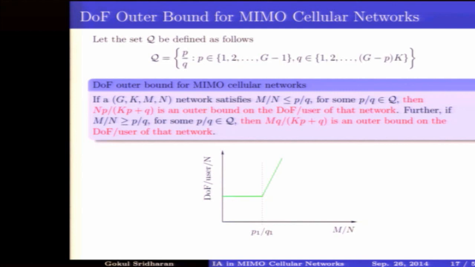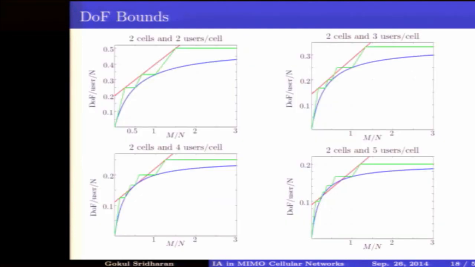We have these bounds for different ratios. They are a finite number. If I take all these bounds and plot them, I can already figure out what the optimal degrees of freedom look like. You can see that it nicely bounces off. These are the outer bounds, and it nicely bounces off between what you can achieve using the asymptotic scheme and what you can achieve using the linear beamforming scheme.